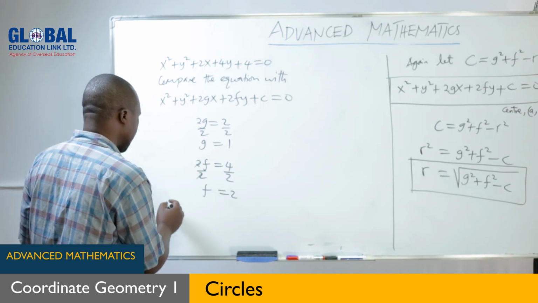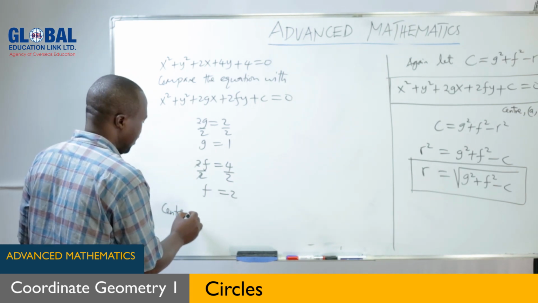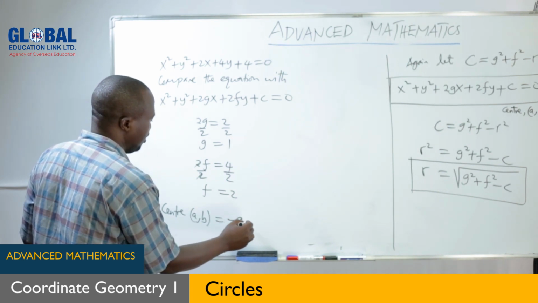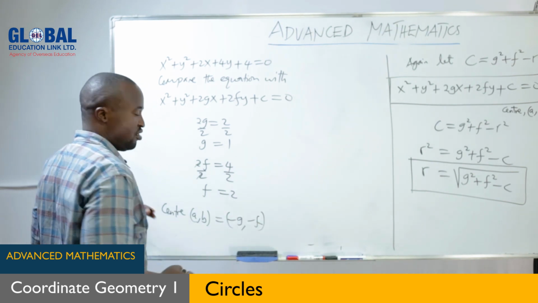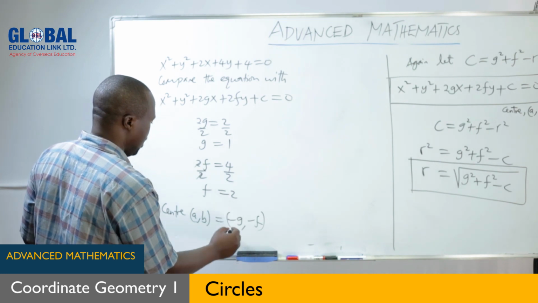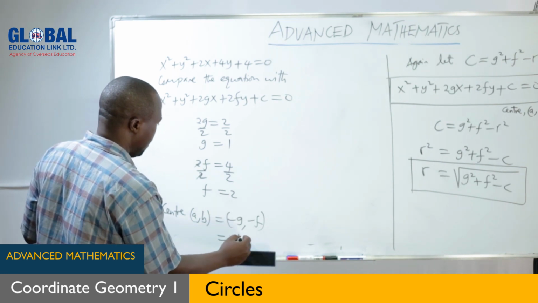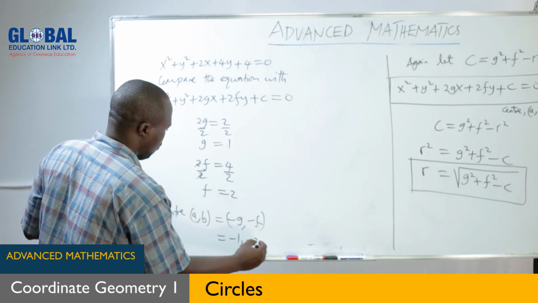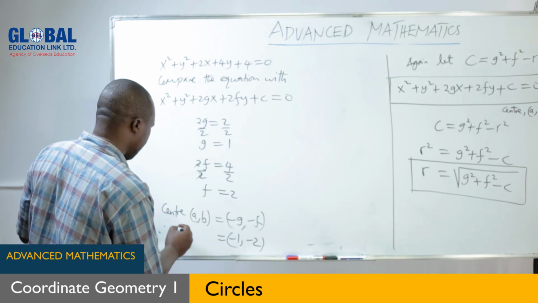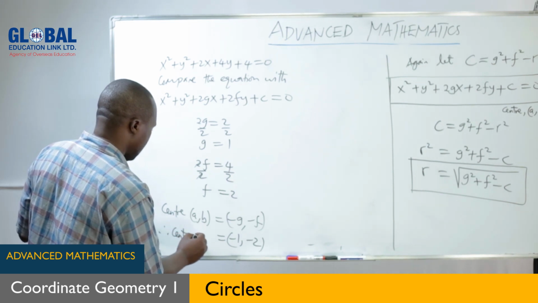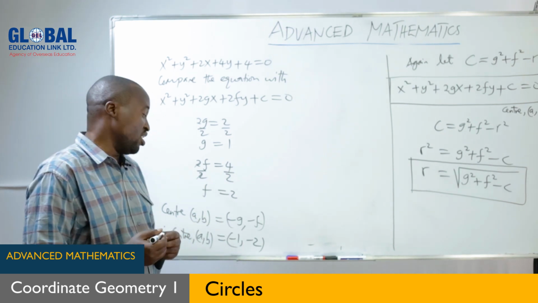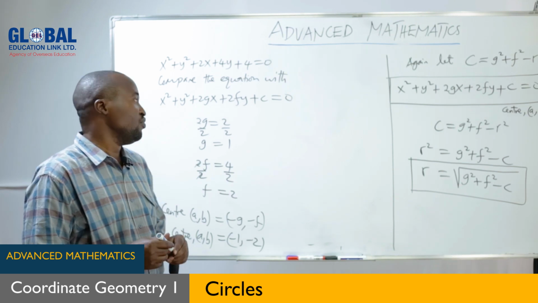Remember, the center is given by a comma b is equal to negative g comma negative f. So in this case, the center will be equal to negative 1 comma negative 2. That will be the center.